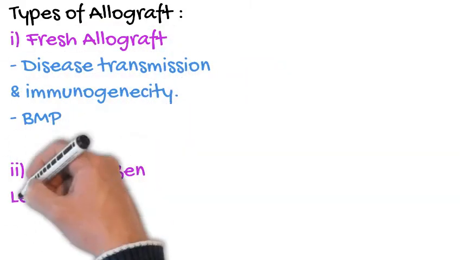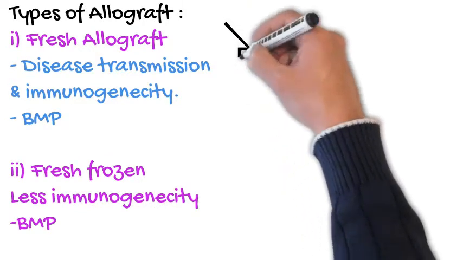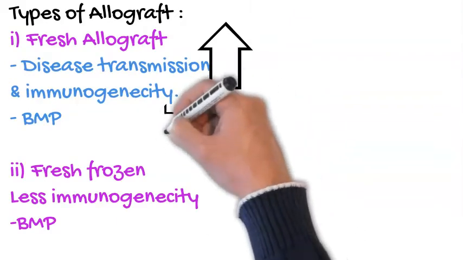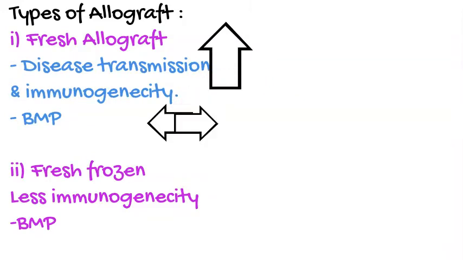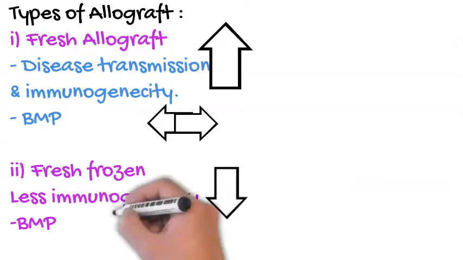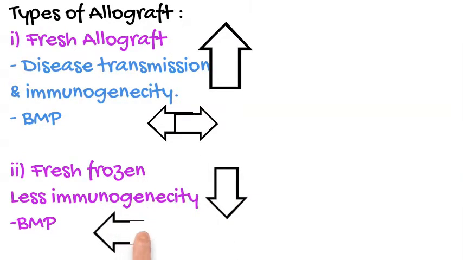For fresh allograft, there is a higher risk of disease transmission and immunogenicity. BMP is preserved and therefore it is osteoinductive. For fresh frozen, there is less immunogenicity than fresh allograft. BMP is preserved, therefore it is also osteoinductive.